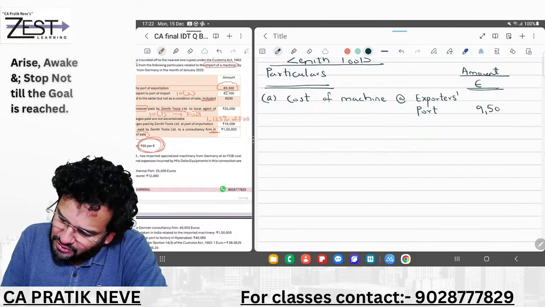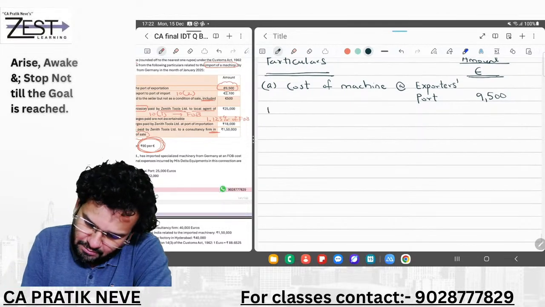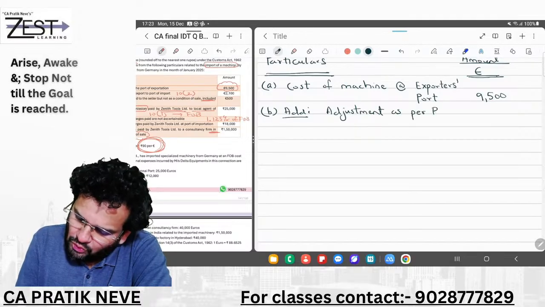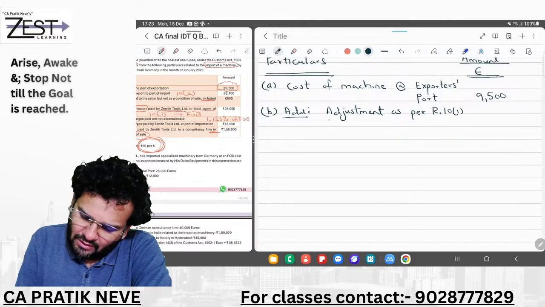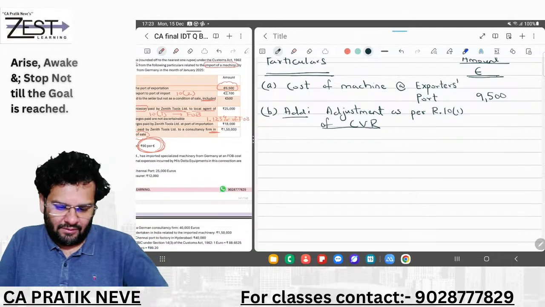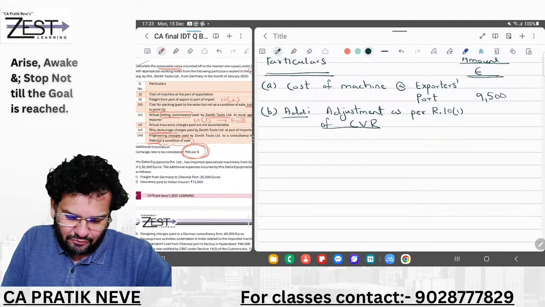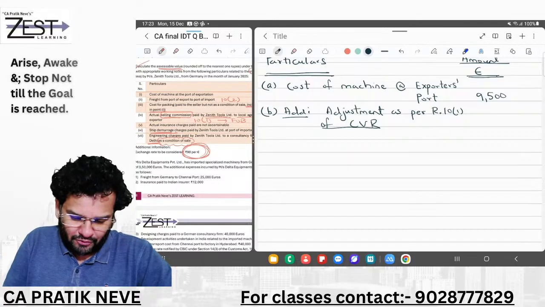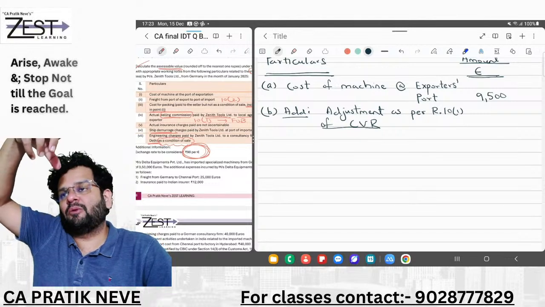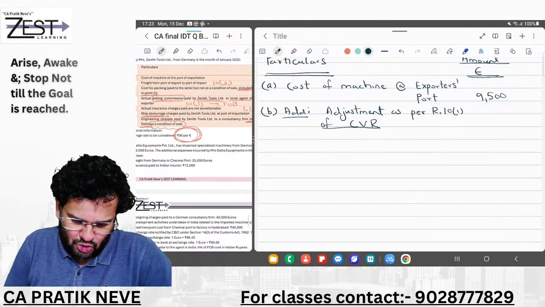What is the cost of machine at exporter's port? It is 9,500 euros. B point, add adjustments as per rule 10(1) of customs valuation rules. Now freight from exporter's port to importer's port is 10(2).